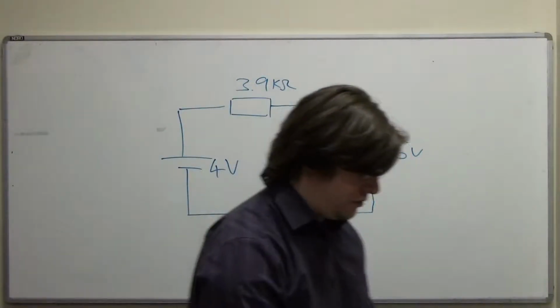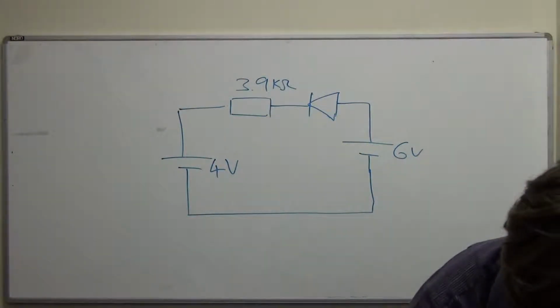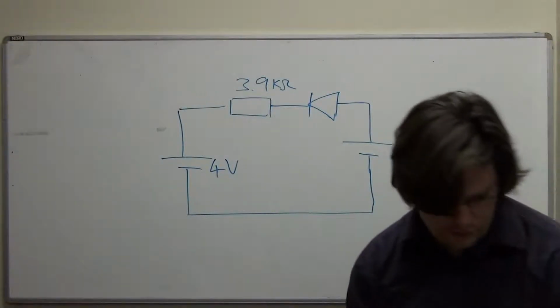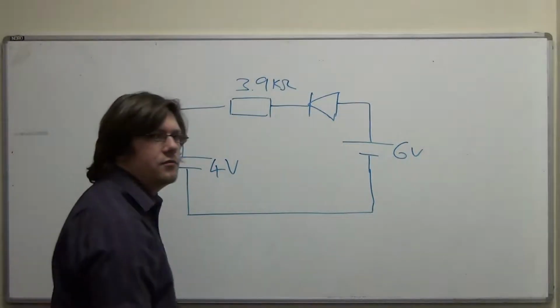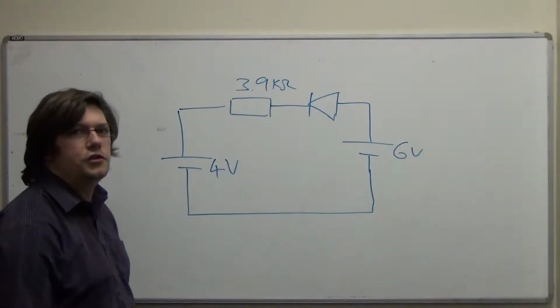And the question wants us to find out if the diode is conducting, and if it is, to find out what the current that it carries is, and if it's not, to find out what the reverse bias voltage is. So either it's conducting or it's not, and we have to choose.